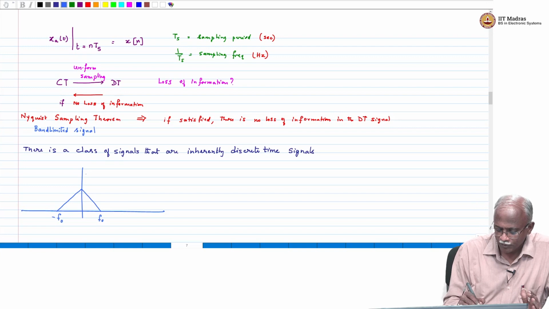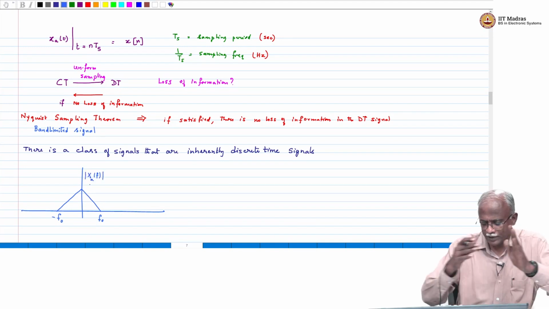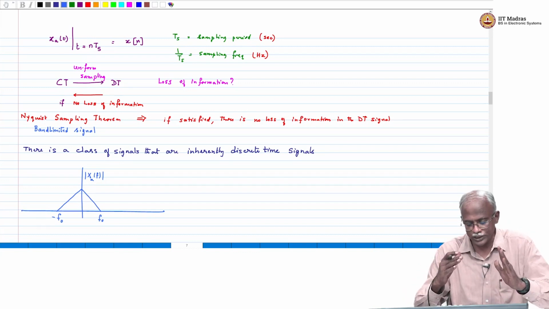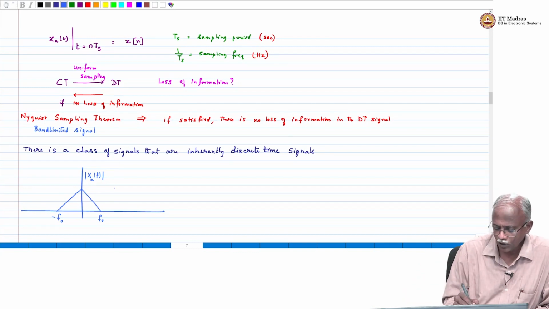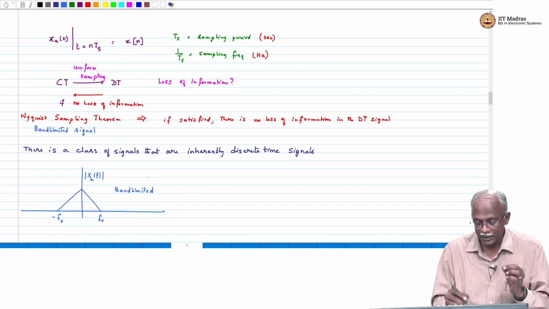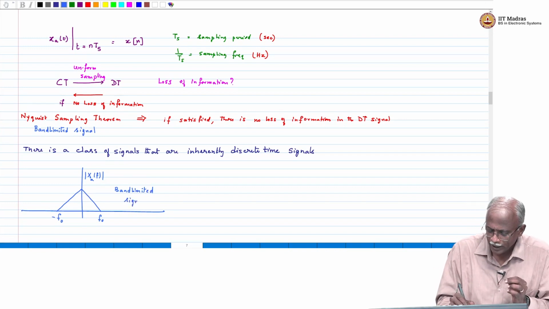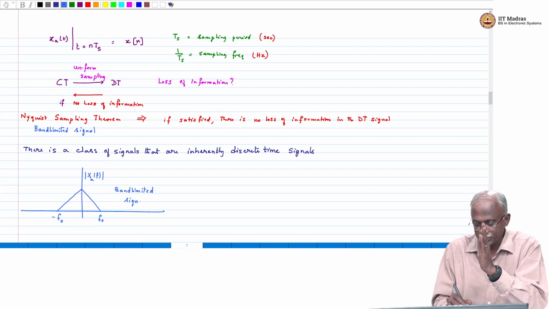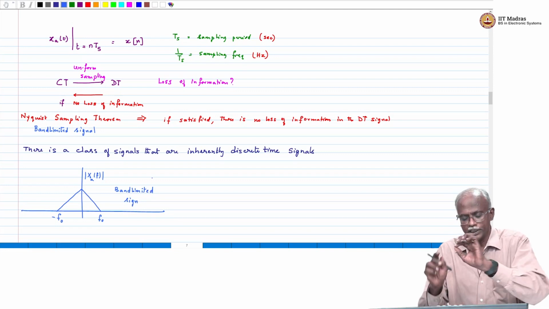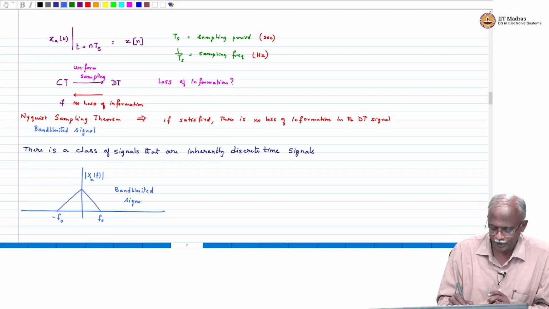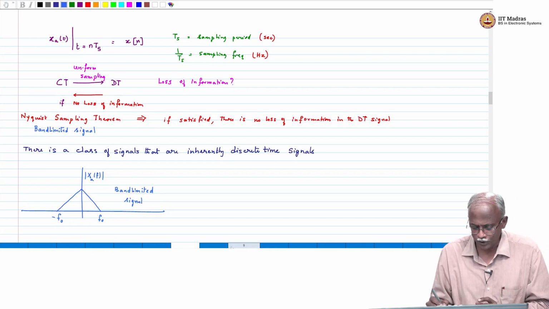If it is finite in terms of where it is non-zero, then this is the definition of a band limited signal. For any band limited signal, the Nyquist theorem can be applied, and therefore we have a representation of the continuous time signal as a discrete time signal without any loss of information. That is an important aspect that we want to keep in mind.